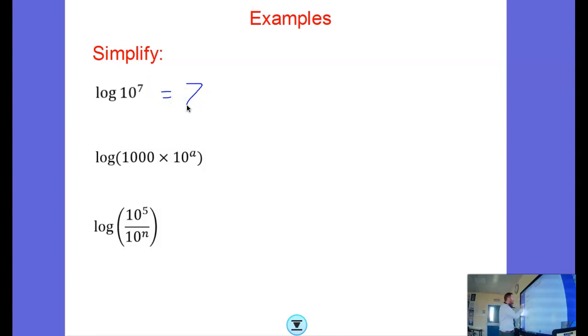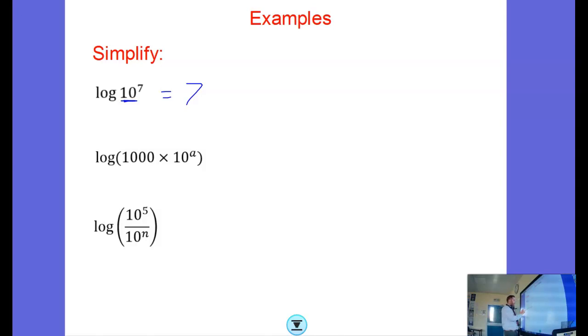So anytime you can manipulate your logarithm to have 10 to the power something, you can very quickly simplify it like that. It's a little bit of a cheating way to do it, but yeah, log of 10 to the power 7 is 7.